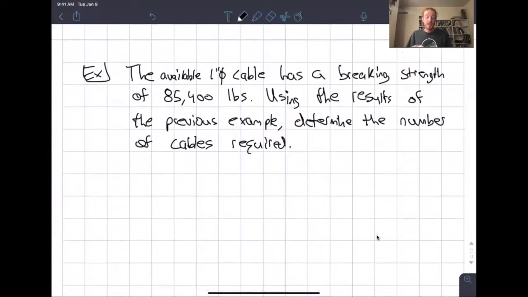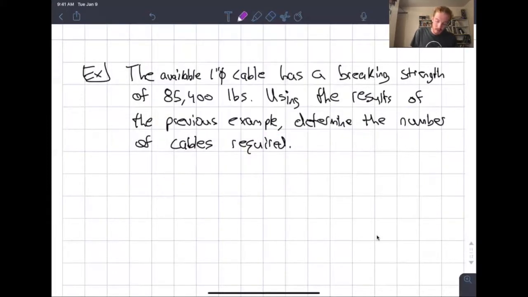Consider that the available cable in country is 1-inch diameter cable. And that specific type of cable has a breaking strength of 85,400 pounds. So using the results from before, determine the number of cables that are going to be required to resist that force.